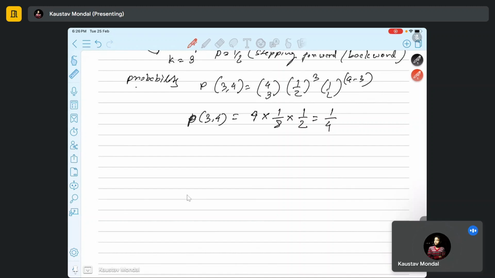Let me write it. This notation f(n, x) is the probability function.